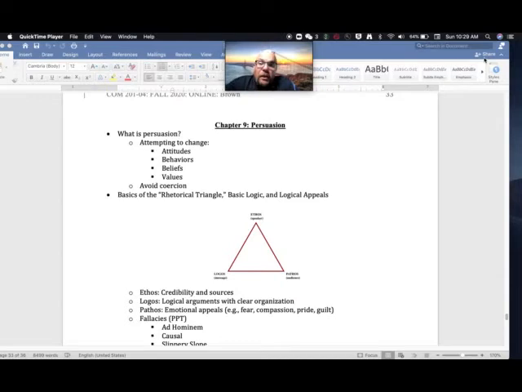Now, regardless of what you're trying to do in terms of change and persuasion, the key thing we have to remember is that you avoid coercion, and you see that on the list. Coercion is when you take away someone's free choice. It is moving beyond persuasion and into a taboo area, someplace we don't want to go.